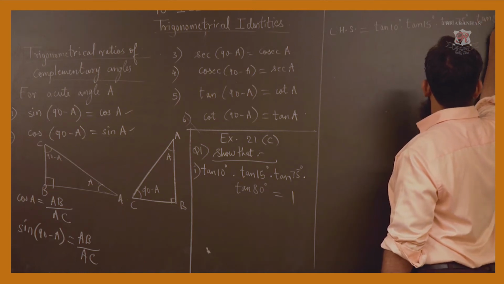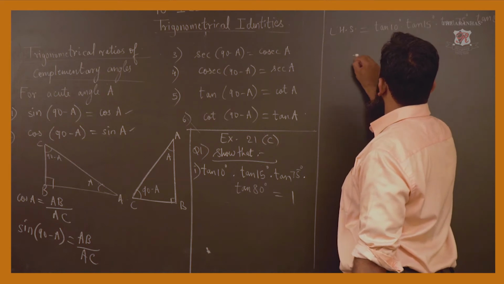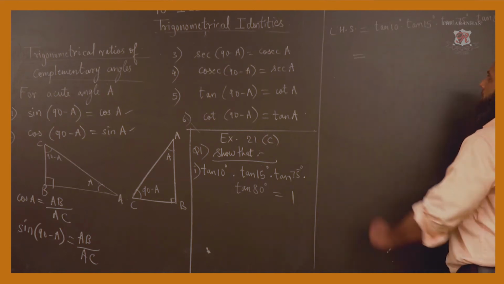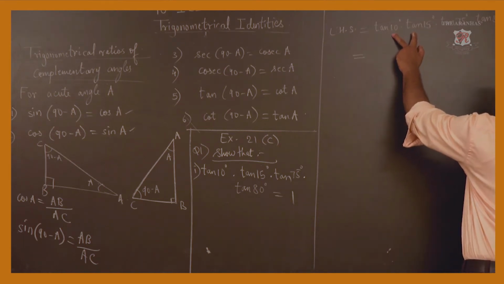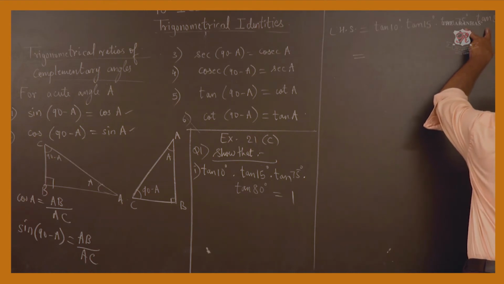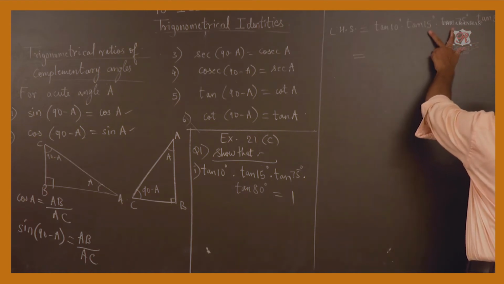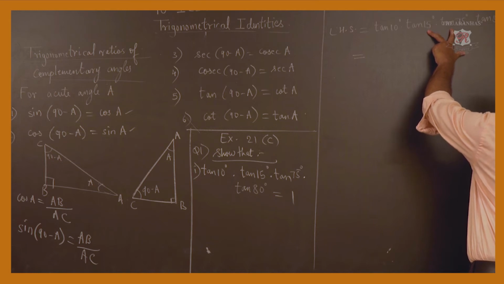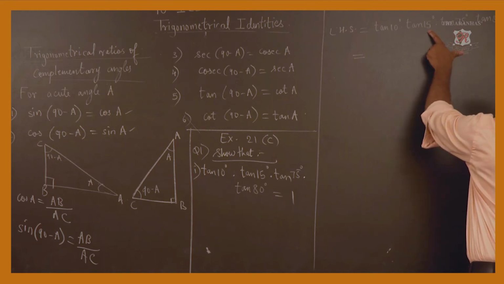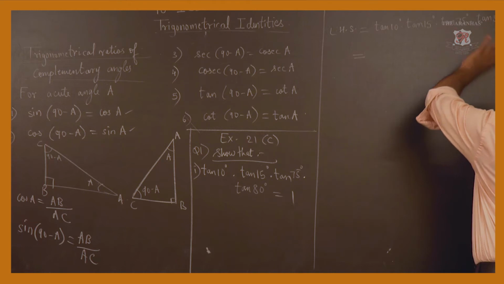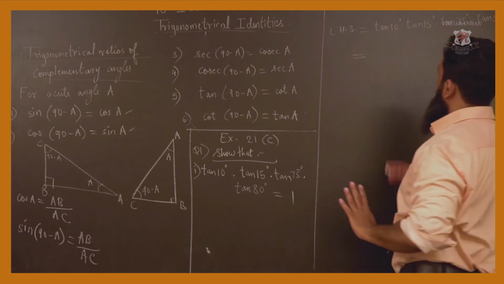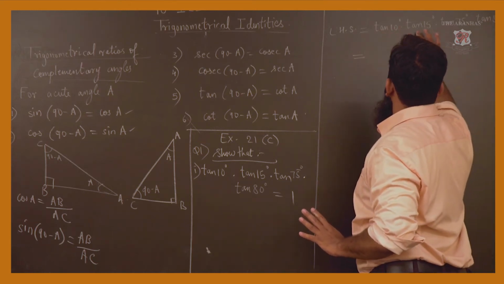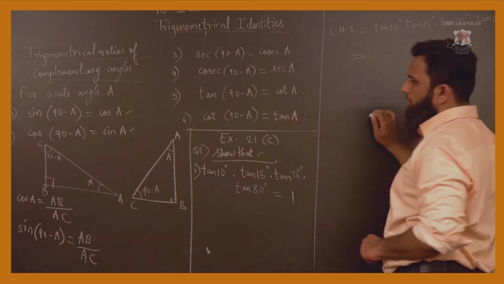These all are products of each other here. I will suggest either select these two or select these two. Don't select the ones where the sum becomes 90 degree. Select in such a way that their sum shouldn't come to 90 degree.